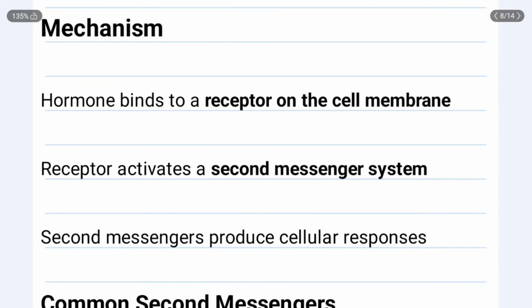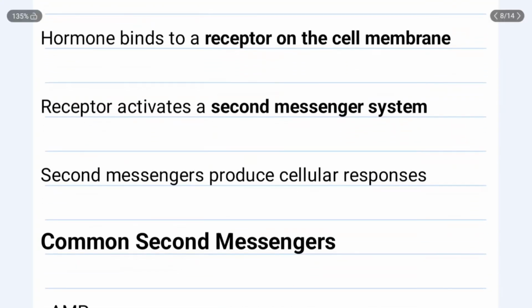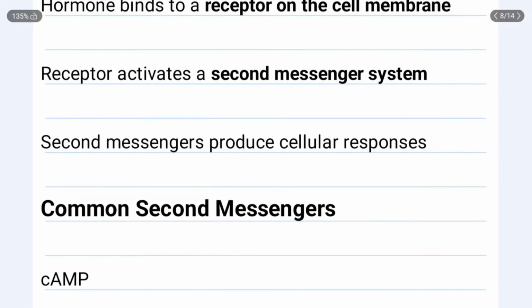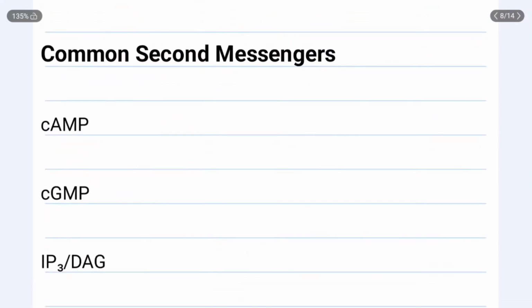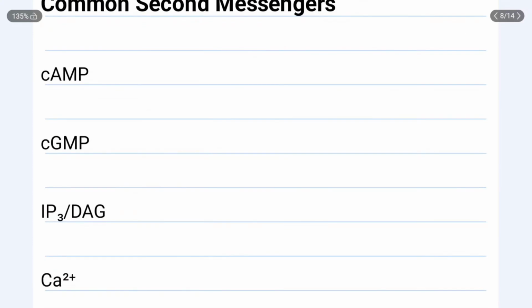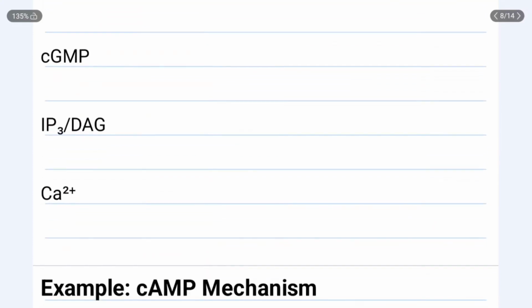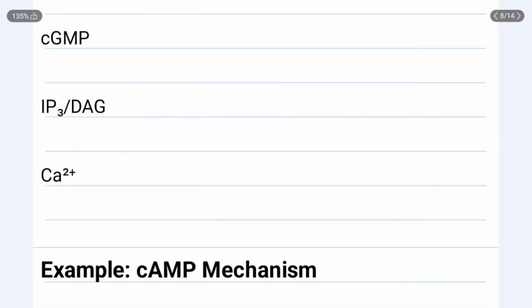This hormone binds to the receptor on the cell membrane. The receptor activates a second messenger system. The second messenger produces the cellular response. There are some common second messengers like cyclic AMP, cyclic GMP, IP3, DAG, calcium 2 plus, etc.